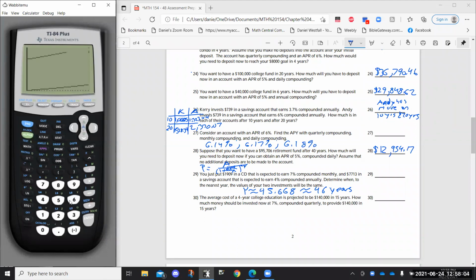And we don't see it. So we're going to zoom out. Still don't see it, so we're going to zoom out again.